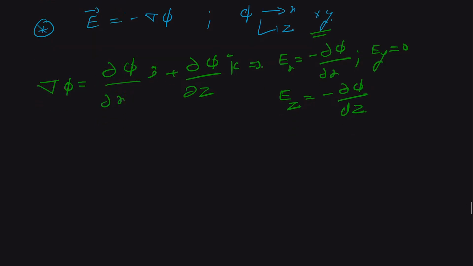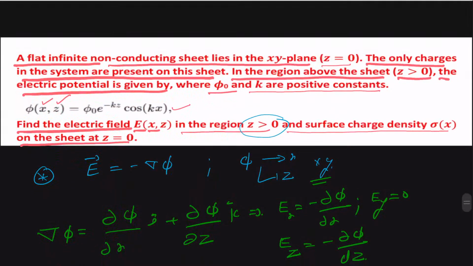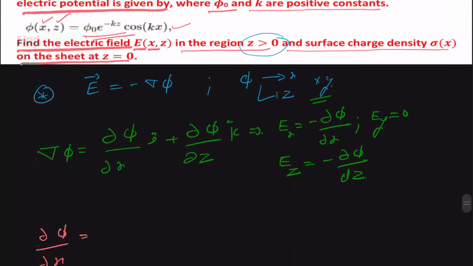Now we are simply going to compute their partial derivatives. And so first is our partial derivative with respect to x. And the equation is already known to us.